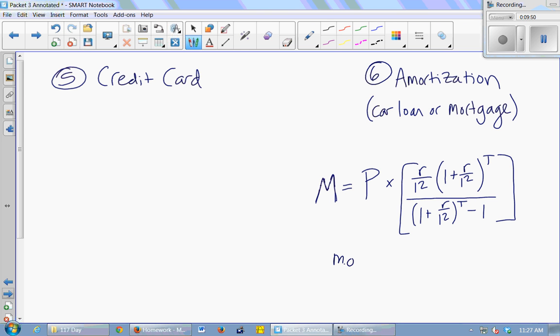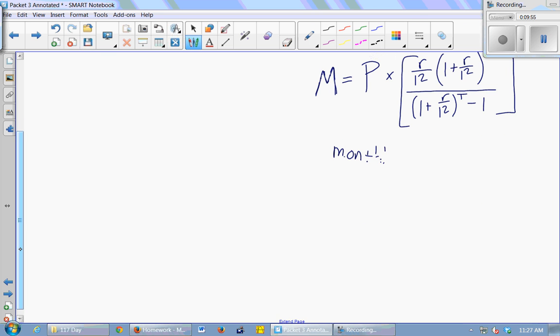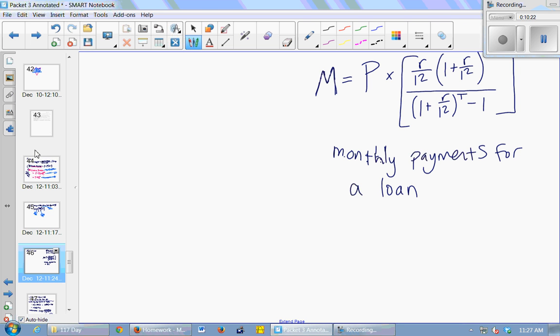So a keyword would be monthly payments for a loan, or the word amortization. Repaid, maybe?